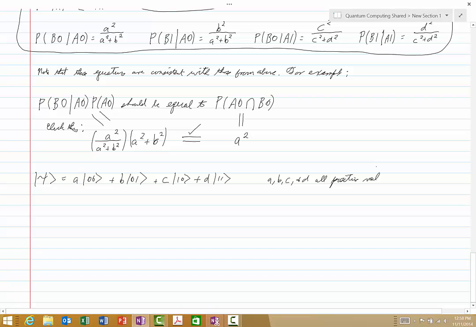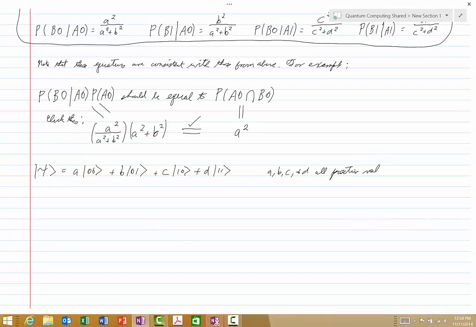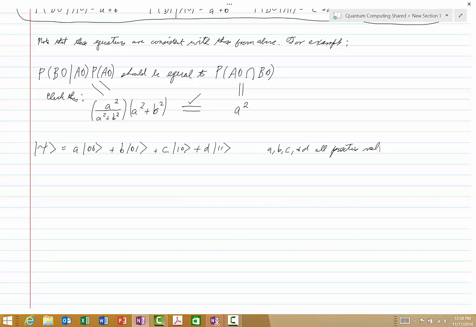And again, that assumption is made just to make things easier. And now, instead of factoring out the first qubit, we'll factor out the second qubit. So to do that, the first step will be to rearrange these terms. We'll have A 00 plus C 10 plus B 01 plus D 11.